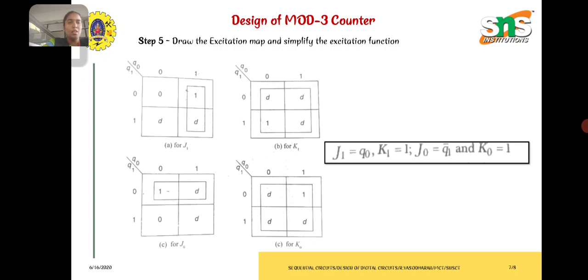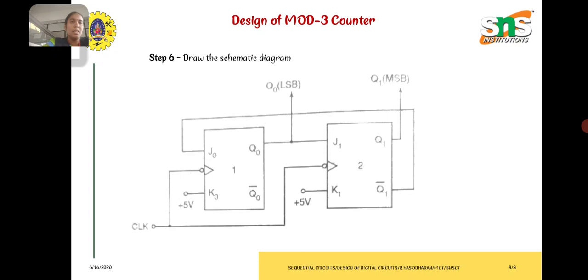So we can map the values, that is, we can pair the values. So J1 is equal to Q0, and similarly other values are mapped: K1 is equal to 1, J0 is equal to Q1 bar, and K0 is equal to 1. So this is our excitation map or K map, and this is the simplified expression for the mod 3 counter. By using these expressions, we can design a schematic diagram for the mod 3 counter.